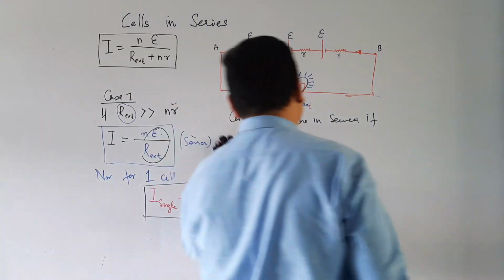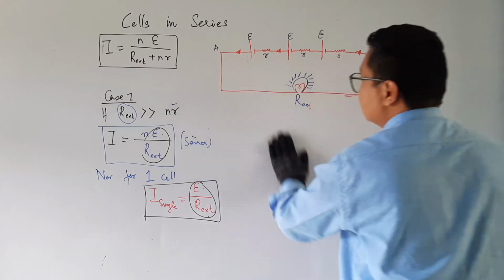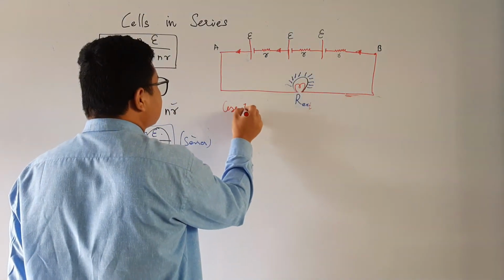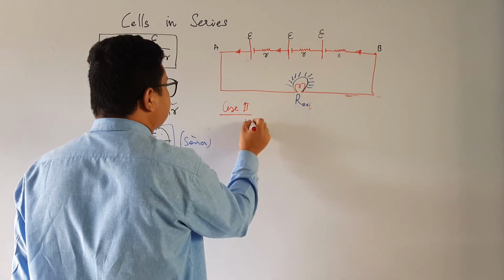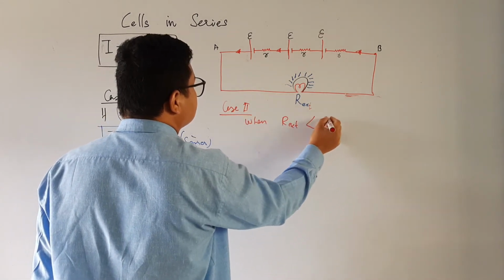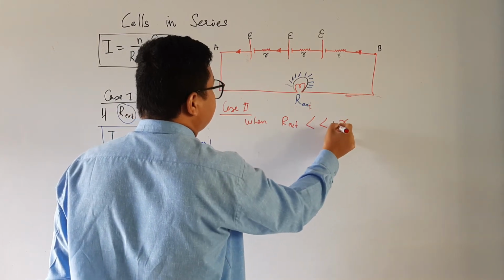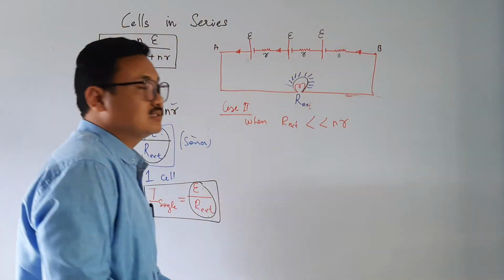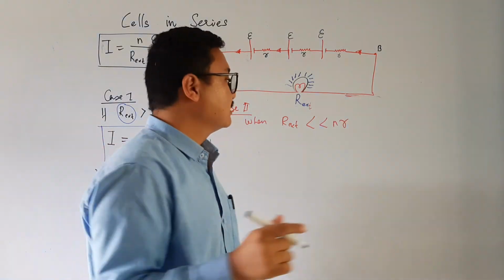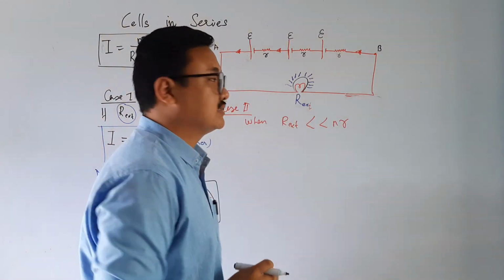Now let us go to the other condition. So case 2. Now R_EXT is much less than n into r. What does this mean? The internal resistance has now become very large as compared to the external resistance.